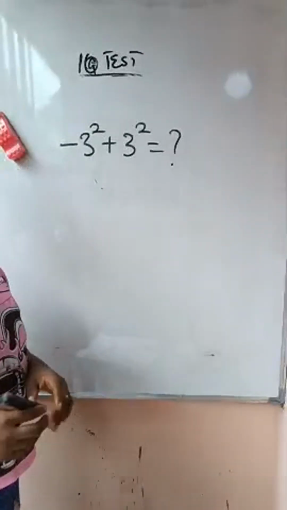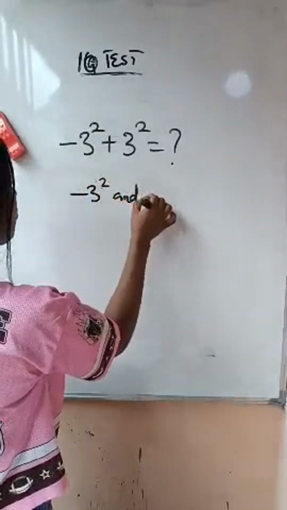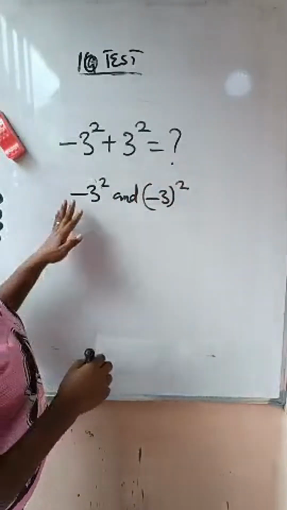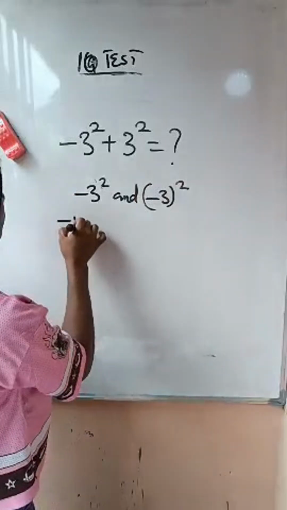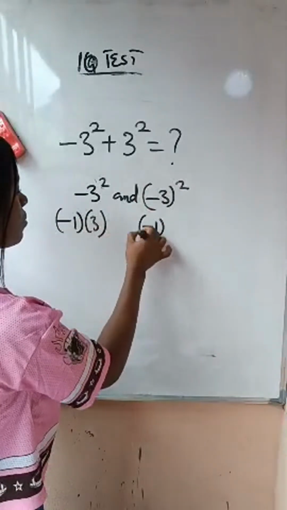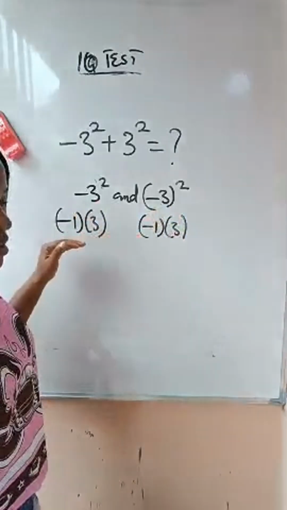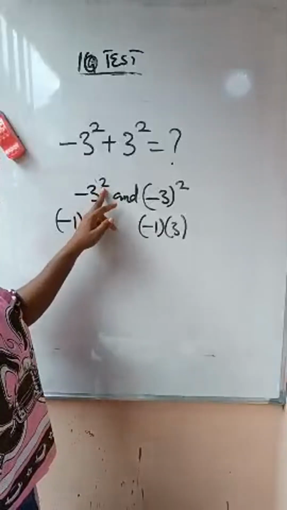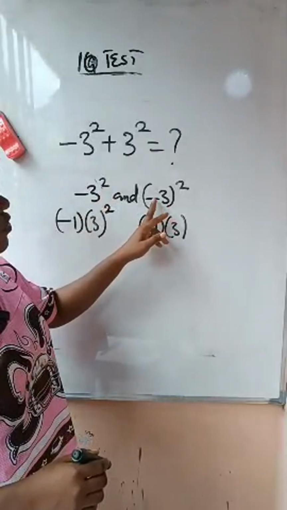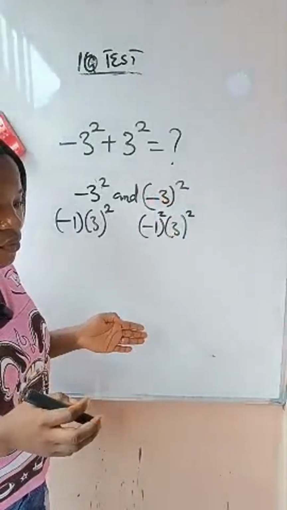Without brackets, minus 3 means minus 1 multiplied by 3, and the square is just on 3. With brackets, the square is on both the minus and the 3. So we have minus 1 squared and 3 squared as well to solve.